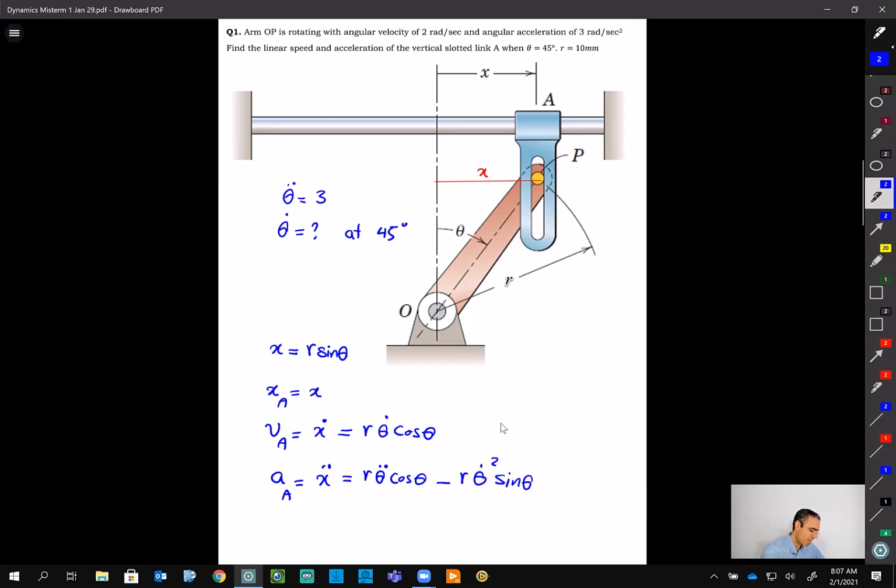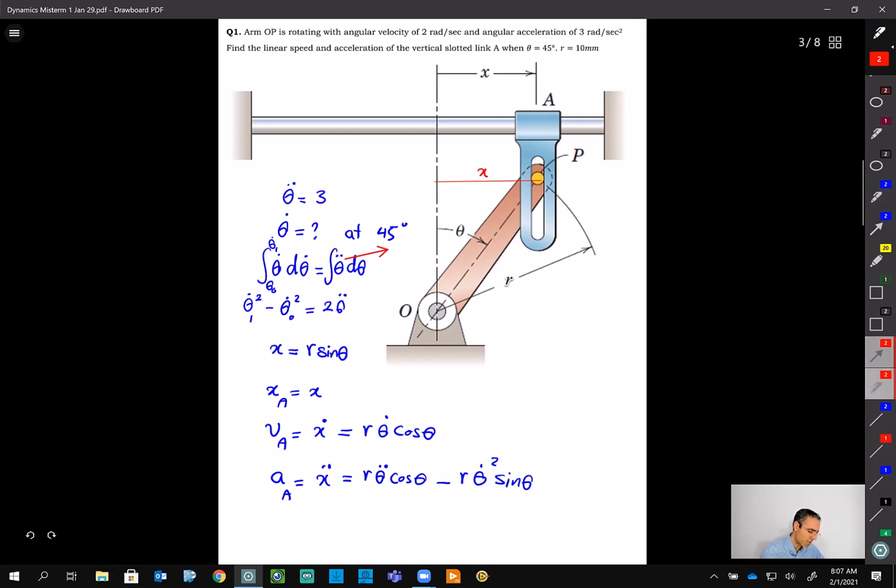We know the formula theta dot equals theta double dot d theta. If you simply do the integral, from theta dot 0 to theta dot 1, you get theta dot 1 squared minus theta dot 0 squared equal to 2 theta double dot delta theta, because theta double dot is constant.